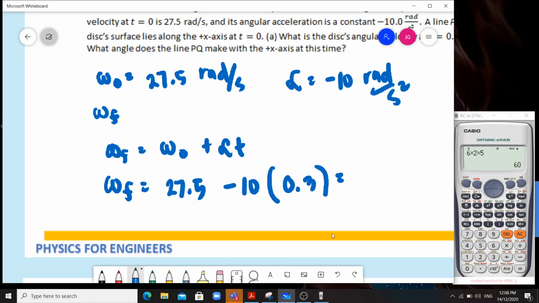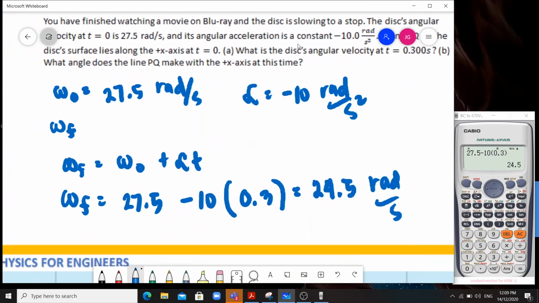So, 27.5 minus 10 times 0.3, equivalent to 24.5 radians per second. That is the answer for letter A.